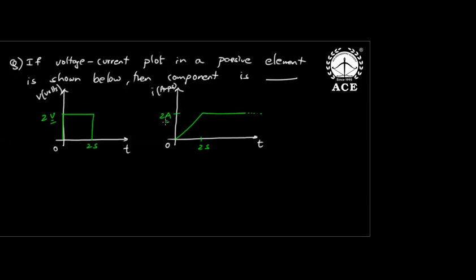If the voltage current plot in a passive element is shown below, then the component is dash. I'm giving some options: inductor 1 Henry, capacitor 1 Farad, inductor half Henry, inductor 2 Henry, and the last is capacitor half Farad. So do this immediately.